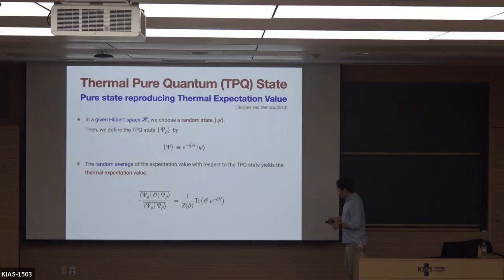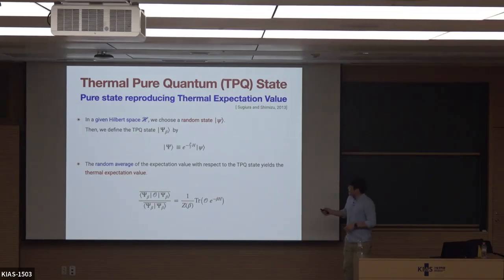Their claim is that if you want to calculate the thermal expectation value of some operator, then this TPQ state gives a nice approximation to the thermal correlation function. This is also very similar to the Maldacena-Qi pure state. But the difference is because of the randomness. In the SYK case, it's okay to choose any simple state because there is a random coupling constant, and this plays the role of the random average.